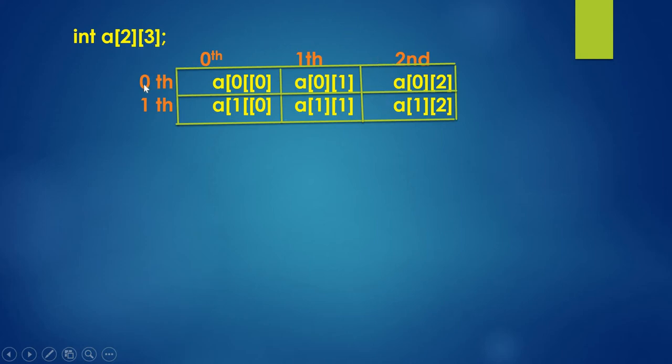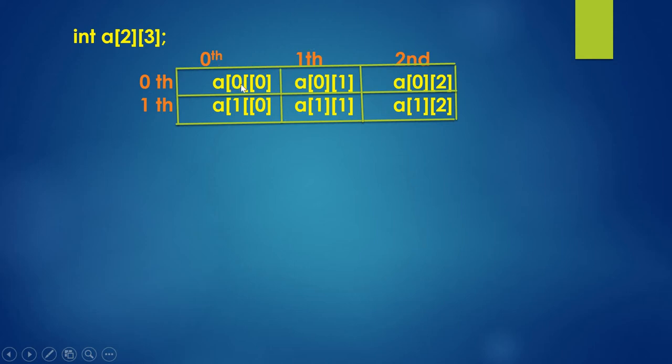Now see this first element. It is represented by first specifying the row number, then the column number. First it is row, then column. That is A00, then A01, then A02. First the row, then the corresponding column.